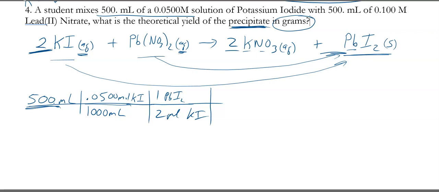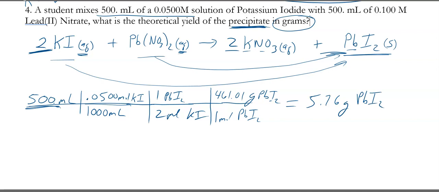We know 1 mole of PbI2 has a mass of 461.01 grams of PbI2. Okay, so when we calculate that out, we're going to get 5.76 grams. 5.76 grams of PbI2 will be produced from the volume and concentration of potassium iodide that we started with.